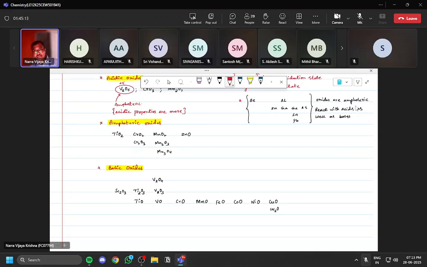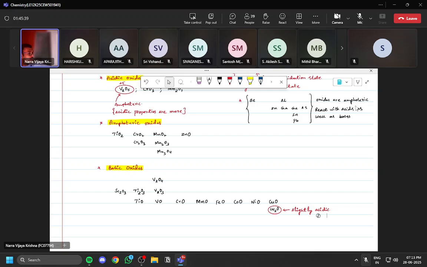In case of copper, I am underlining Cu2O. Slightly acidic. Right? So we are done with acidic, basic, amphoteric oxides of D block. Is it clear?